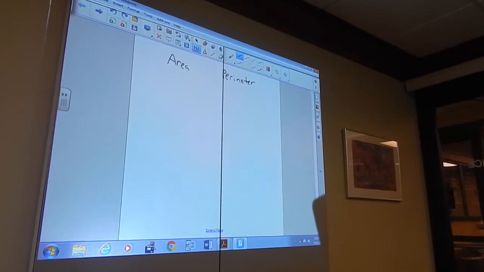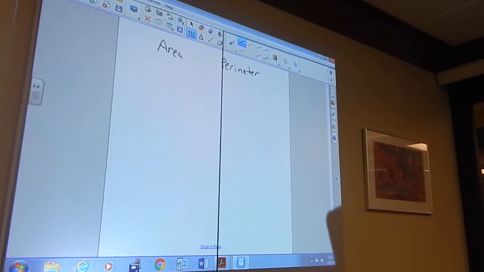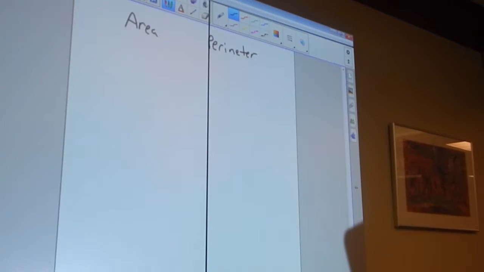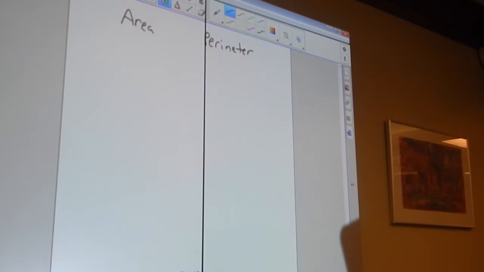We also have to understand that perimeter is called something different when you're talking about circles: circumference. Circumference is the same thing as perimeter, the distance around. We'll talk about those in the middle. But as long as we understand area and perimeter, how relative they are to so many different things.